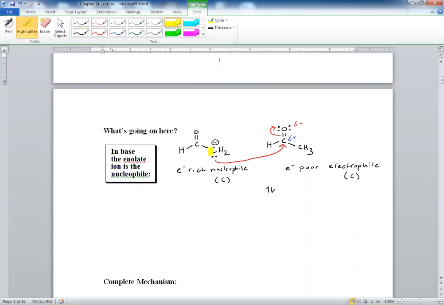So I'm going to put yellow, and this is green, so you can see the connection. If it helps you, go ahead and use it. But let's start. Here's the H. Carbonyl, carbon, oxygen, and now here's our CH2.